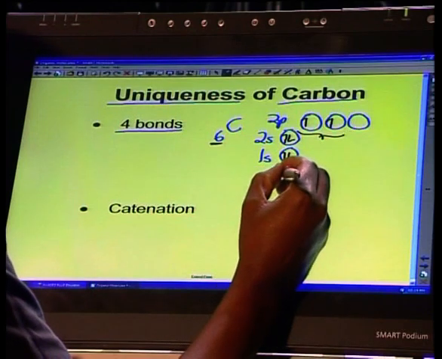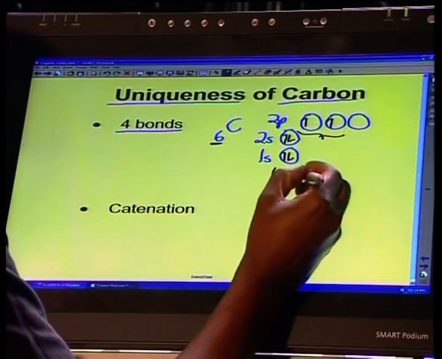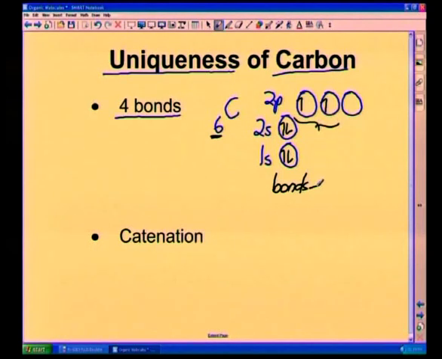How am I going to get 4 bonds? Because bonding is about sharing of electrons. I'm trying to revise some of the things that we have done already. Bonds are formed when electrons are shared. Now, what happens with carbon is that when this atom is at an excited stage, one of these electrons goes up, gains energy, and goes to a higher energy state.